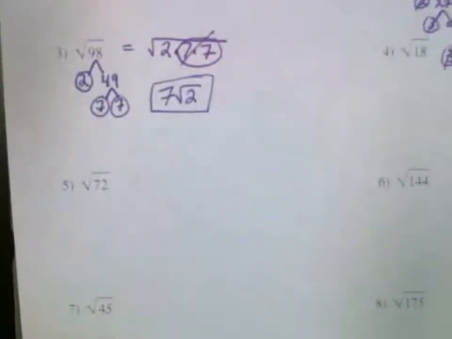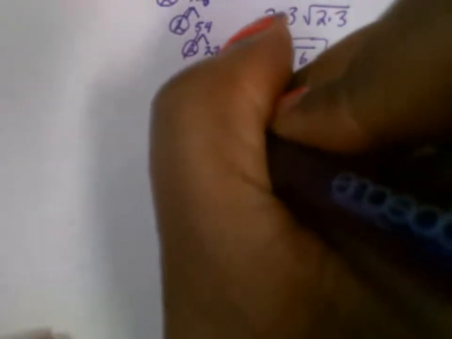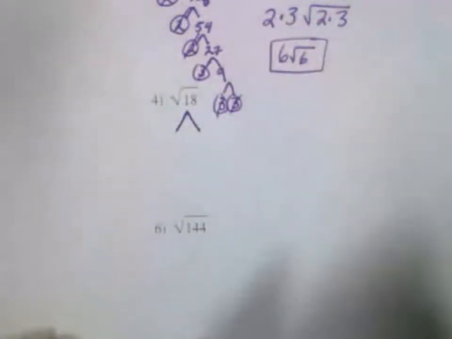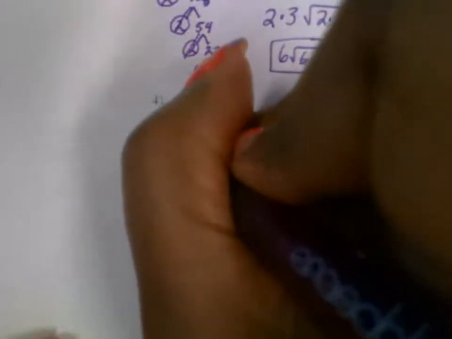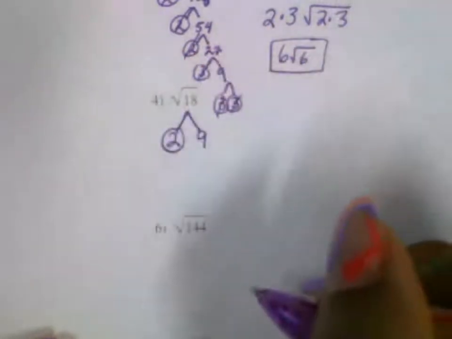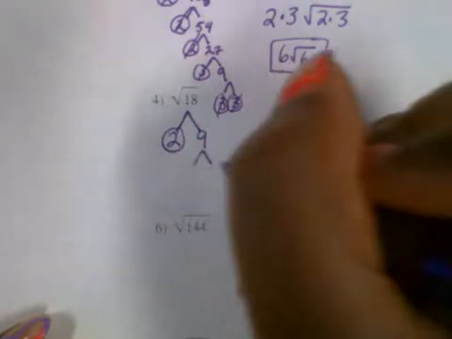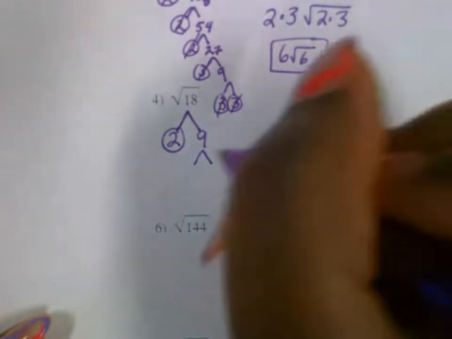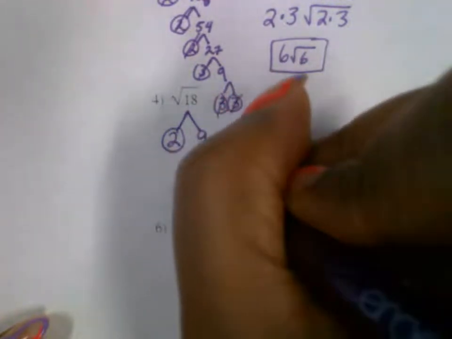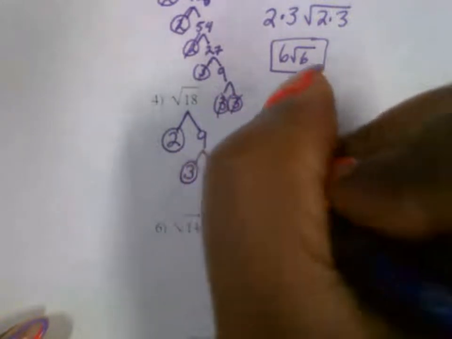Let's look at square root of 18. What two numbers can be multiplied to give me 18? 2 and 9. I circled 2 because 2 is prime. 9 is composite. I can break it down some more. What two numbers will give you 9? 3 times 3. I circle the 3s because they are prime.